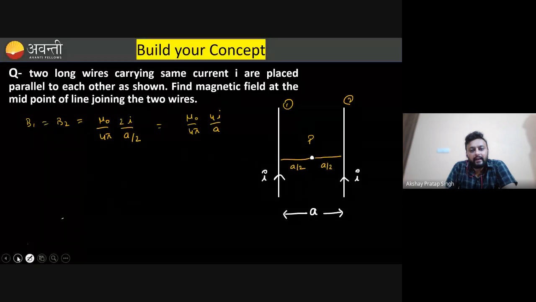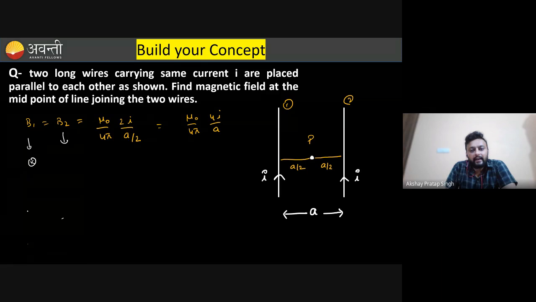Use your right hand and find the direction. If you find it, it will be into the plane. And if you find the direction of B2, put your right hand in the direction of current and palm in the direction of the point. I am curling my fingers, the thumb is outward. So this will be denoted by a dot.